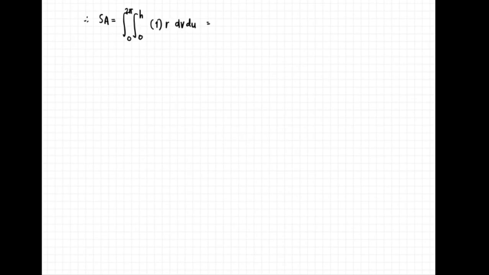And so integrating here r with respect to v, we have the integral from 0 to 2 pi with respect to u of rv, where v is evaluated from 0 going to h, du. This is equal to the integral from 0 to 2 pi. When v is h, you have here rh. When v is 0, you have here 0. So we integrate rh with respect to u. rh is constant with respect to u.